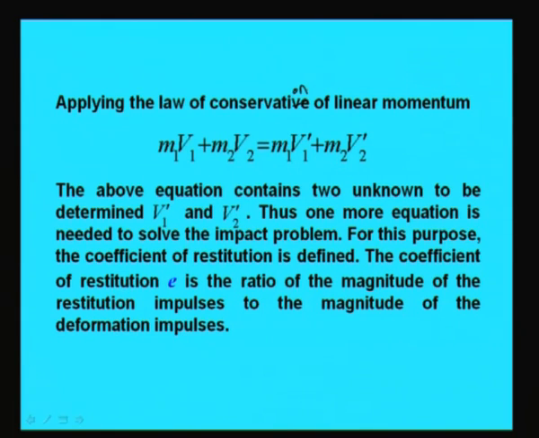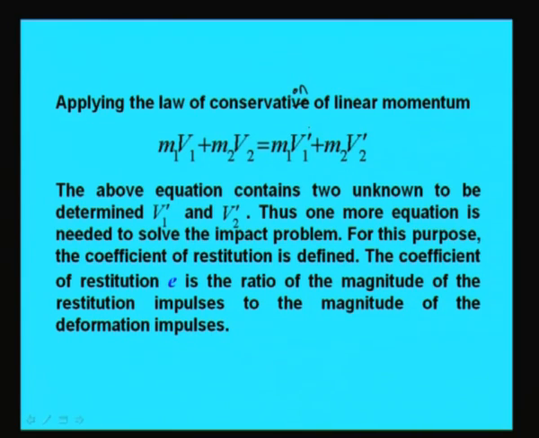Let us say initially the velocity of one body is v1 and the velocity of the other body is v2, and after the impact they become v1 prime and v2 prime respectively. The first body attains the velocity v1 prime, the second body v2 prime.